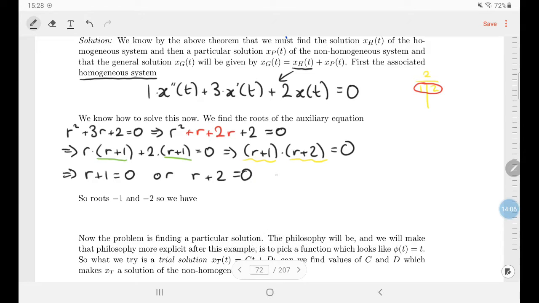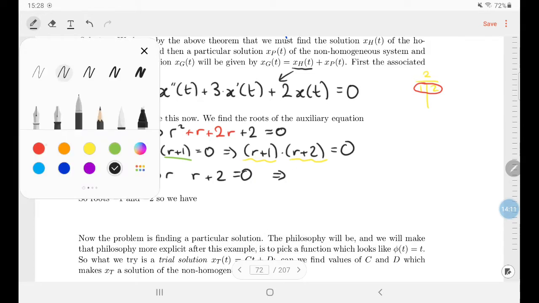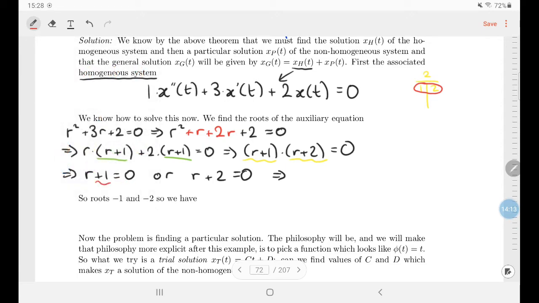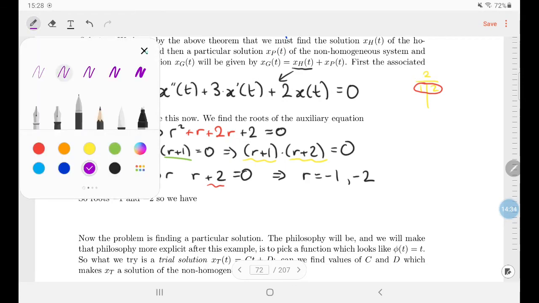And now being ultra pedantic, you want to get rid of that 1, you take away 1 from both sides. And then here, you want to take away 2 from both sides. The first one will give you r is equal to minus 1, and the second will give you r is equal to minus 2. So these are real distinct.